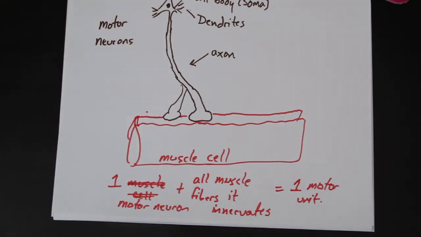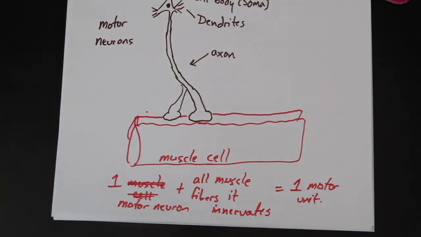There are some muscles in our body where we have really fine motor control, where the motor units are quite small, potentially like this one. But then we have other muscles where the motor units might be a lot bigger. Think about the big, powerful muscles in your thighs and your arms. Those motor neurons could be going to hundreds of muscle fibers, where you have a lot of strength but not as much motor control.